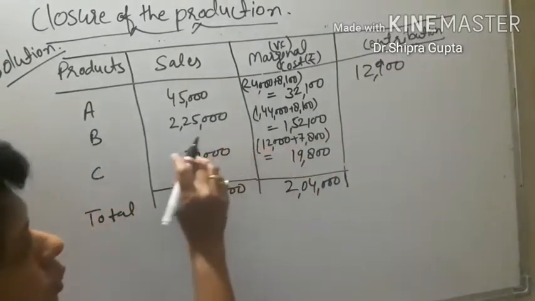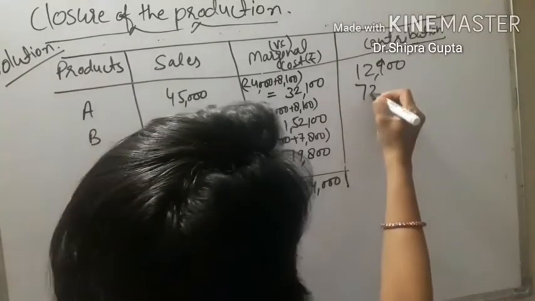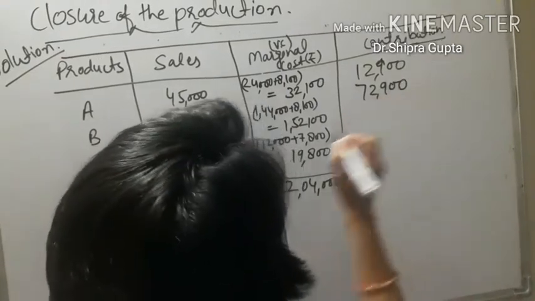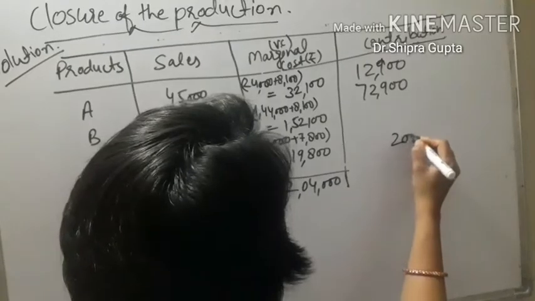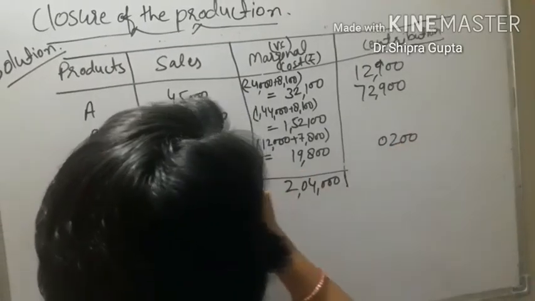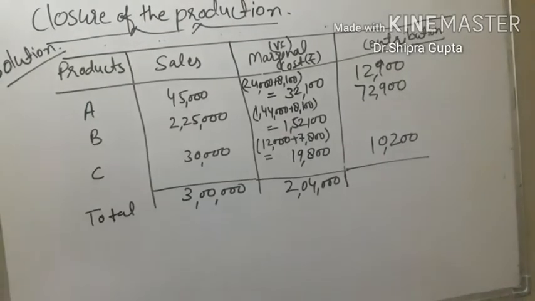For B: 2,25,000 minus 1,52,100 will come 72,900. Then for C: 30,000 minus 19,800 will come 10,200. Then we will take the total.